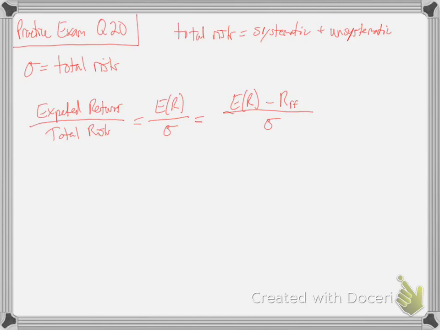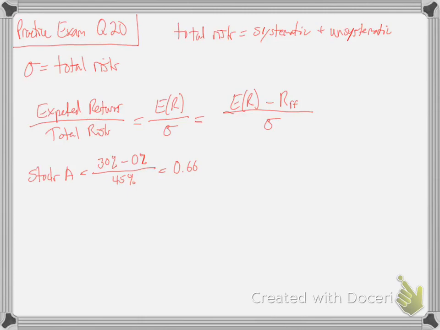So if we calculate this for every single stock, we have stock A. So we can say stock A is 30% minus 0%, because it's the risk-free rate, is 0% here, divided by 45%, and we can see that stock A has a Sharpe ratio.